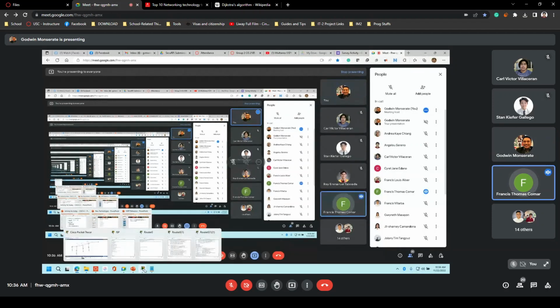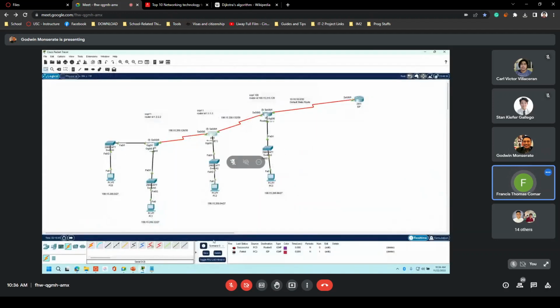I mean, would it communicate if there are other routing protocols within the router, like version 2, or the routing protocol that we learned last meeting? I forgot the name, sir. EIGRP, RIP, we have many protocols. RIP version 2, sir.